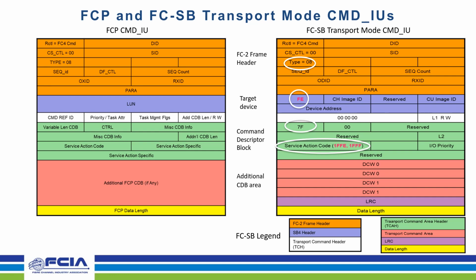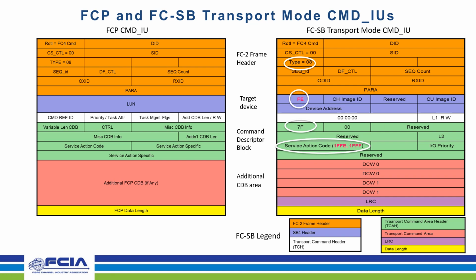And so things known as a control unit image ID and a device address or unit address are needed to fully specify the target. But they both use the same words, the same bytes to place that addressing information. You'll notice SB always places a value of 0xFF in the first byte, which for FCP is the LUN address.